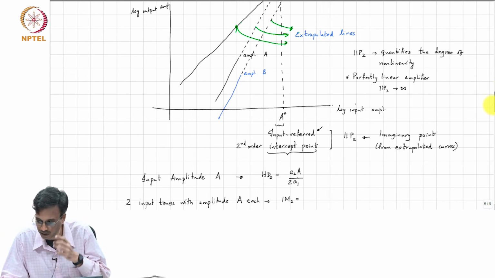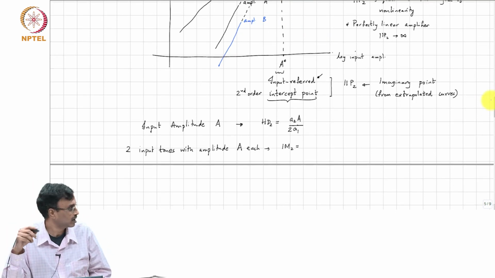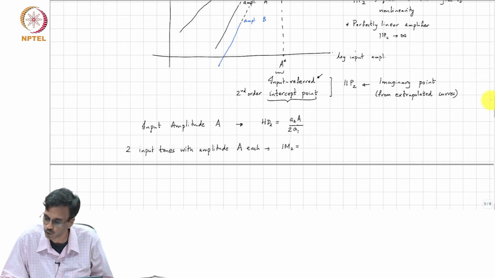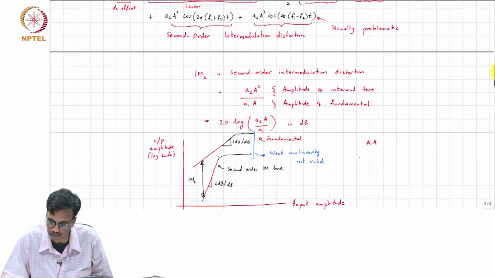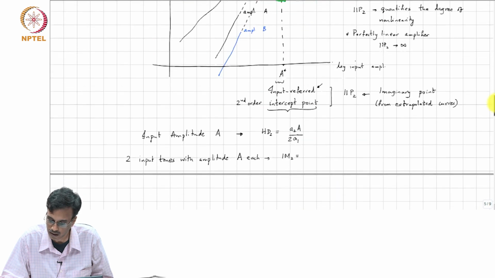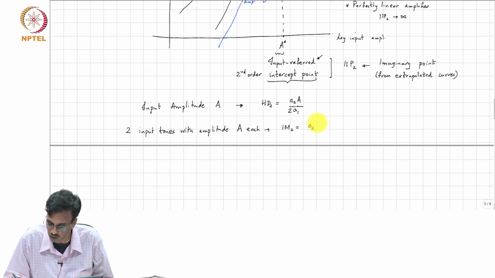We have to take the ratio with respect to the output amplitude. So IM2 is A2 A squared by A1 A, which is A2 A by A1.